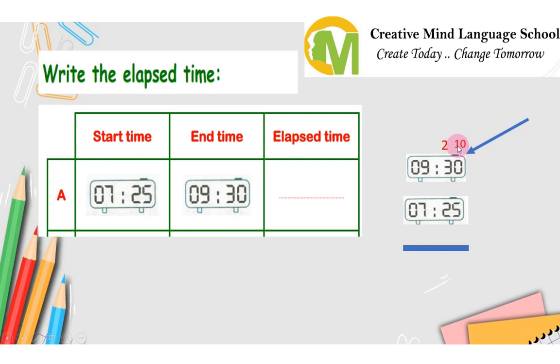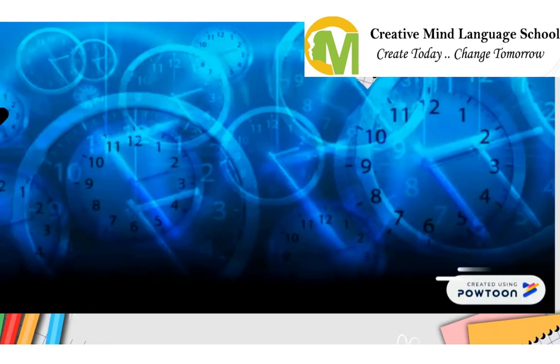Now 10 minus 5 equals 5, and 2 minus 2 equals 0. And the last, 9 minus 7 equals 2. So the elapsed time is 2 hours and 5 minutes. Again, the elapsed time equals 2 hours and 5 minutes.